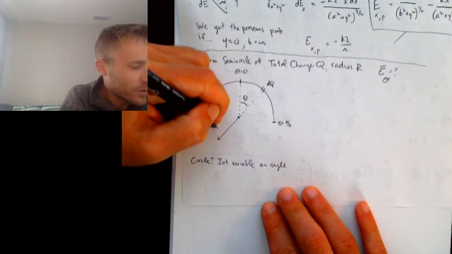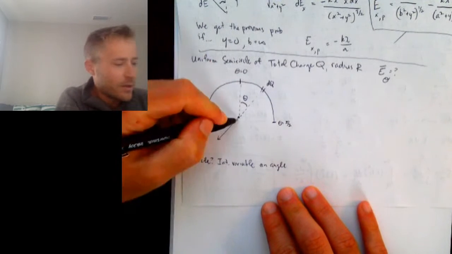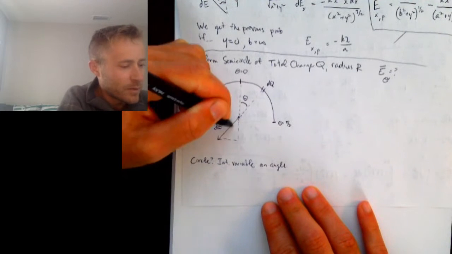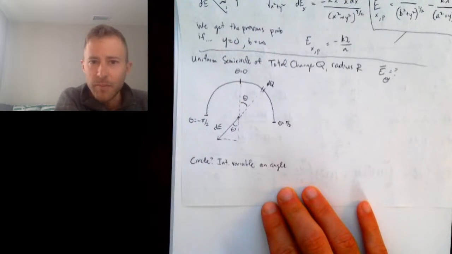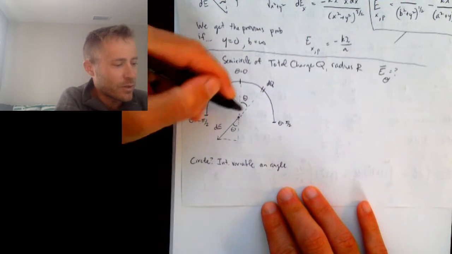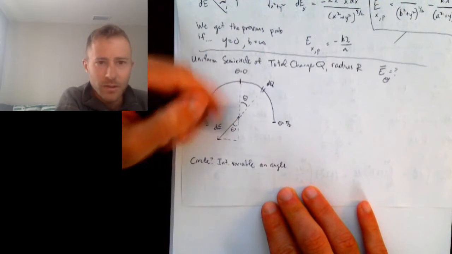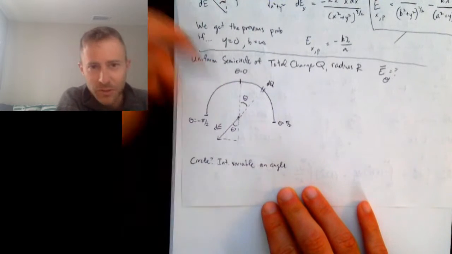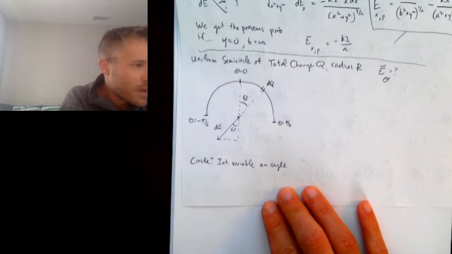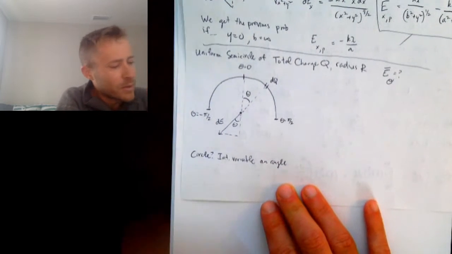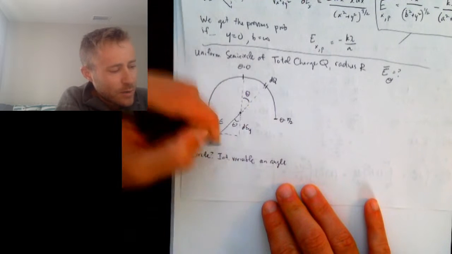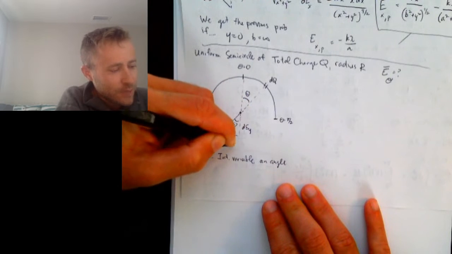So this is our dE. And notice how we have the same business of these two angles being the same, because this is a straight line and that's a straight line. Someone type it in the chat if you remember what the relationship between those two is called. I can't remember. So this would be dEy, and this would be dEx.